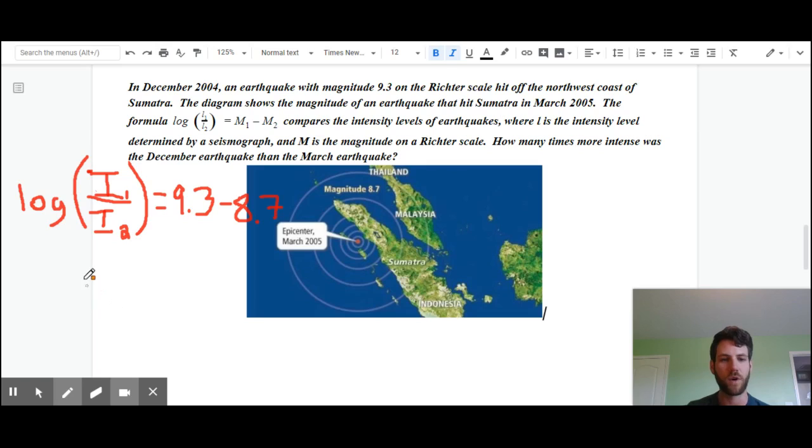So from there, we know that we have to put in our 10 because this is a common logarithm. So our action here is that we're going to be subtracting these two numbers and then using 10 to that difference, which is going to be equal to this fraction. So let's do that now.